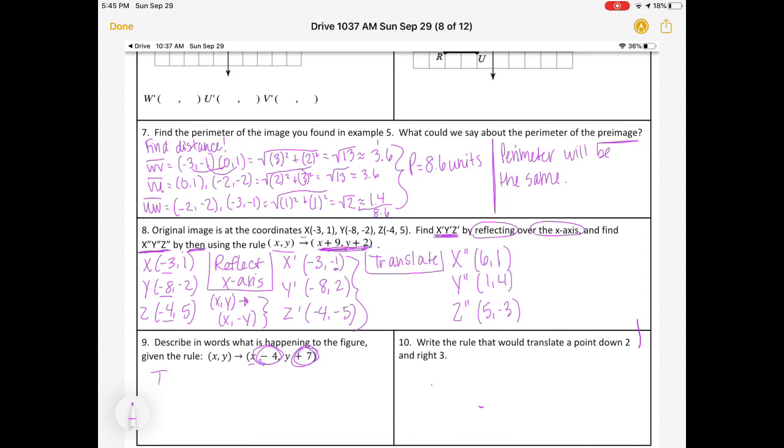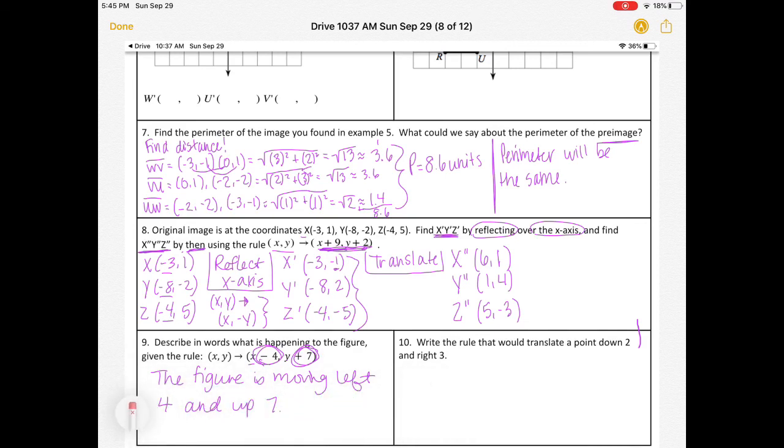So negative, that tells us it's moving left. So I could say the figure is moving left 4, and y plus 7, so y is up or down, positive would be up, so I'd say and up 7, that's all.